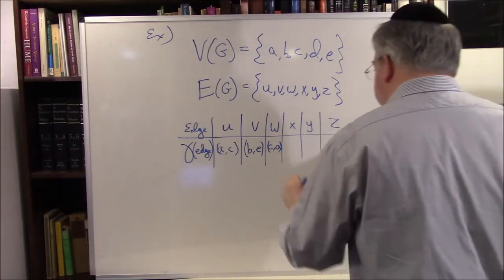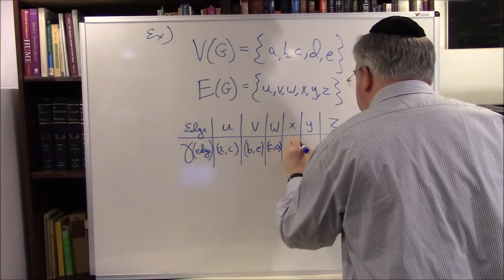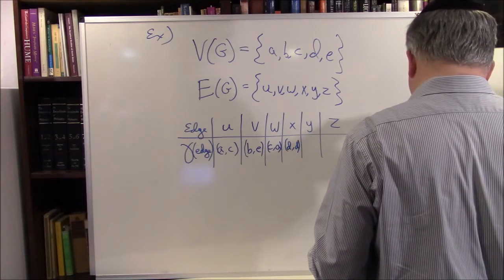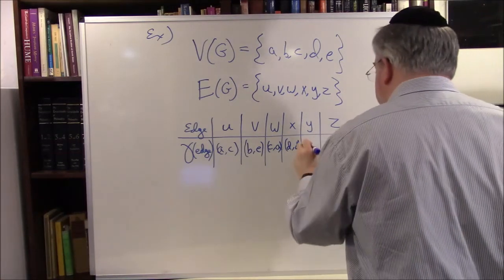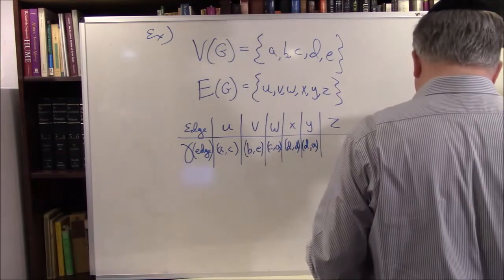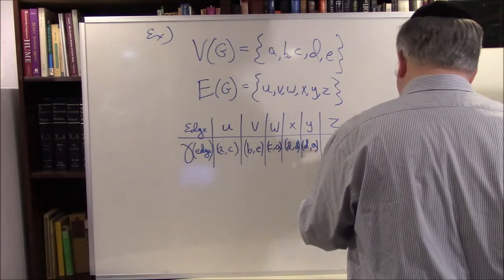Okay, x goes from D to D. y goes from D to A. And z goes from E to C.